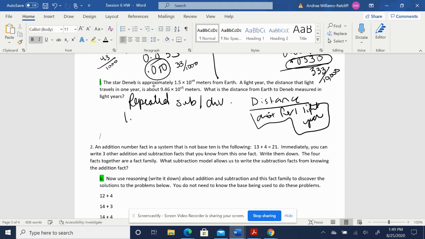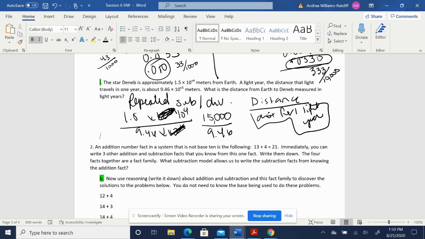Now, in terms of how to do that division, we can make this a lot easier on ourselves if we wanted to. So we have 9.46 times 10 to the 15th. We can mark out common factors. 10 to the 15th is in common. So all I have up here left is 10 to the 4th. Essentially I have 1 times 10 to the 4th divided by 9.46.